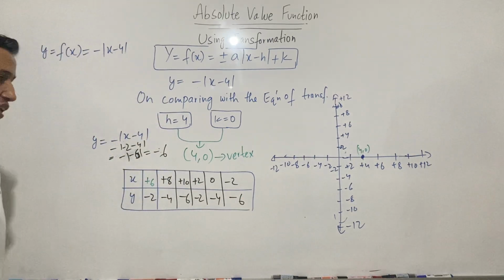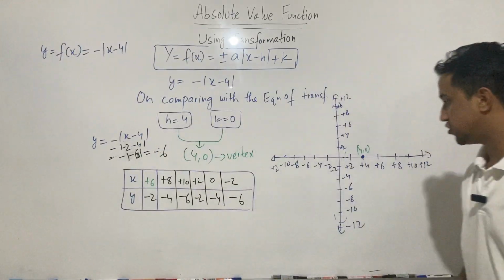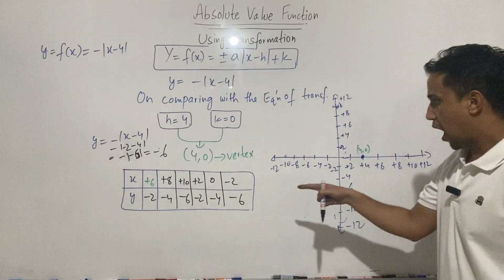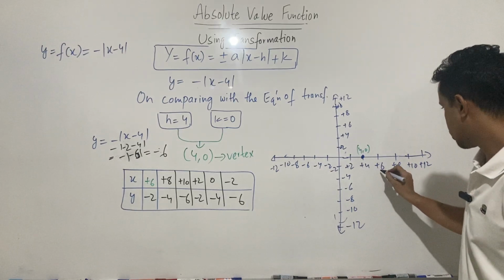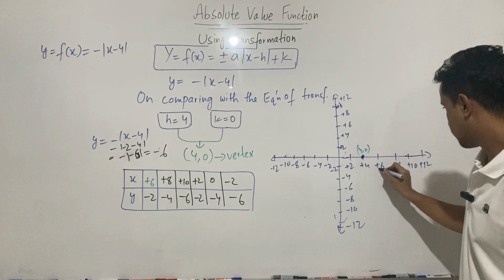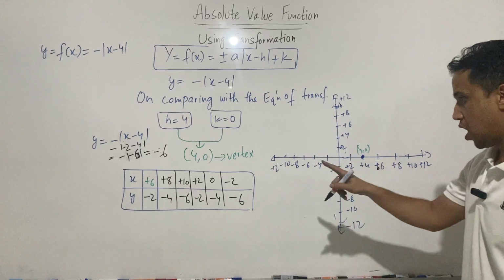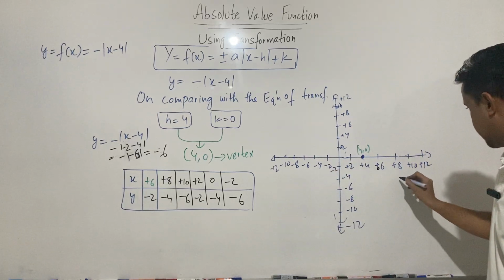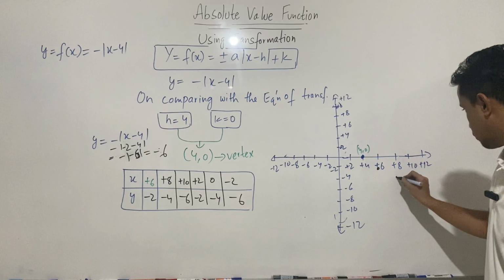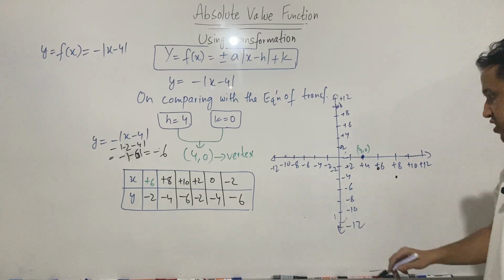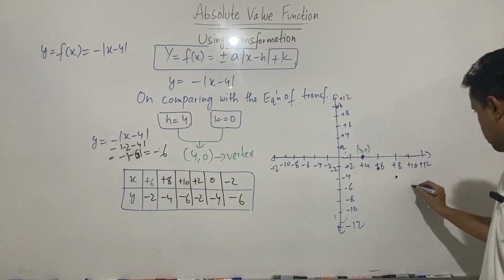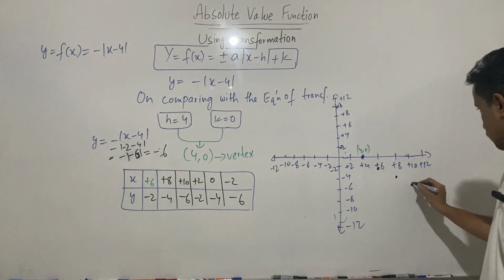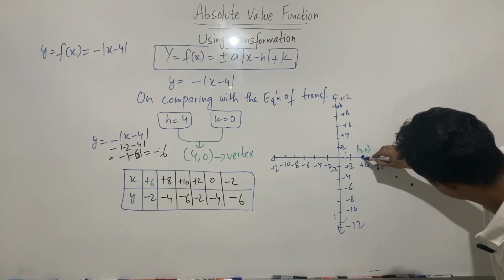Now let's sketch the points. x is 6, y is -2, this one. 8, -4, this point. 10, -6, this point.